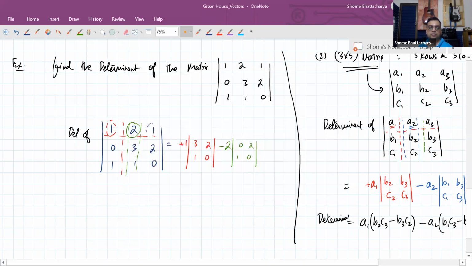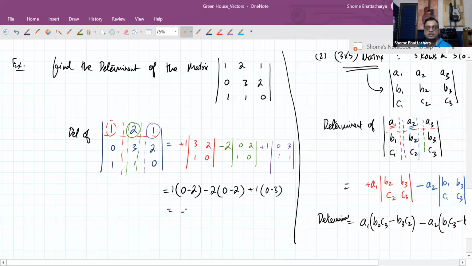Okay. And then finally I'll isolate out this term. So I'll remove this, and again this will come with plus sign, and this is what I'm left with. Okay. So finally this becomes 0 minus 2, 1 minus 2 into 0 minus 2 again, and again plus 1 into 0 minus 3. So this becomes minus 2 plus 4 minus 3.